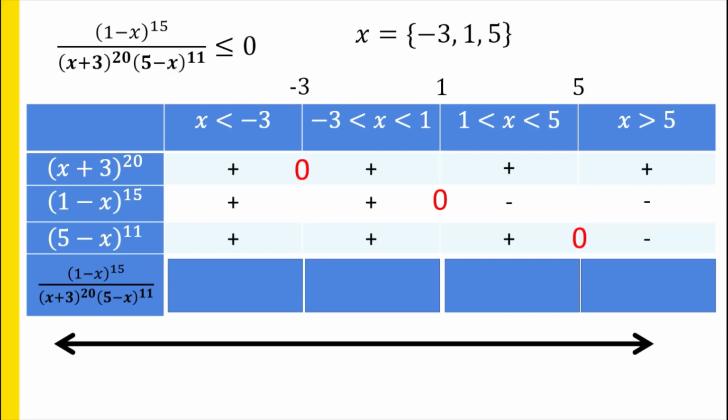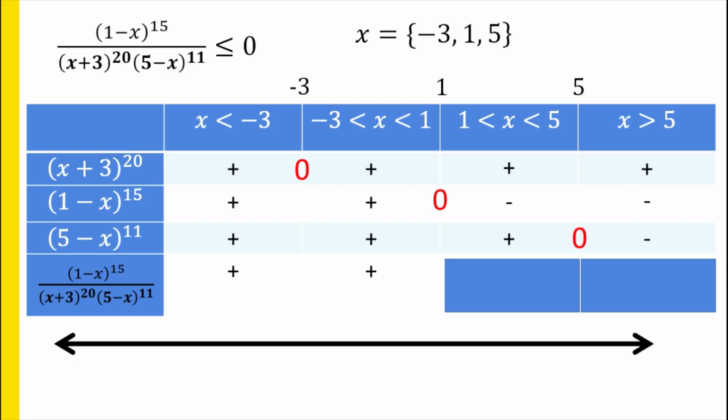Okay, so now we have here 1 minus x raised to 15, that's our numerator. And then for our denominator, x plus 3 raised to 20, and 5 minus x raised to 11. So in this case, for the column of x is less than negative 3, they are all positive, so that's positive. Also with this column of negative 3 to 1, that's positive.